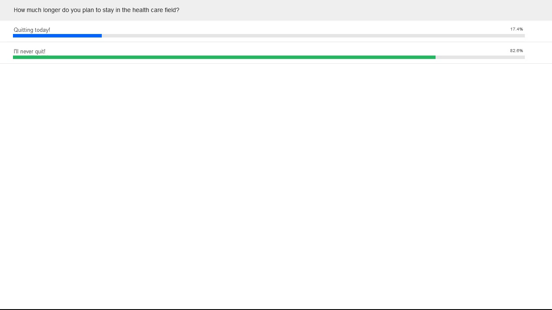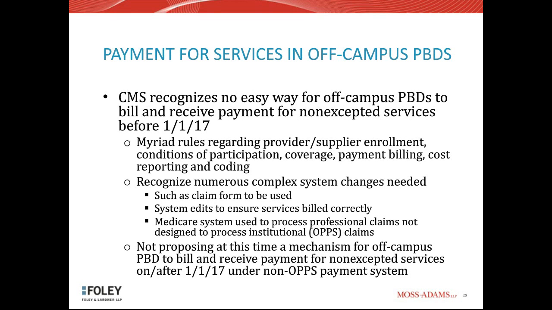Let's talk about how these new non-grandfathered services and non-grandfathered locations are going to be billing. And CMS doesn't know a plan for it. They are going to think about it for about a year. And in the meantime, they're going to come up with an interim model.